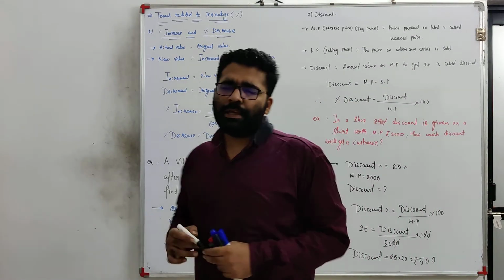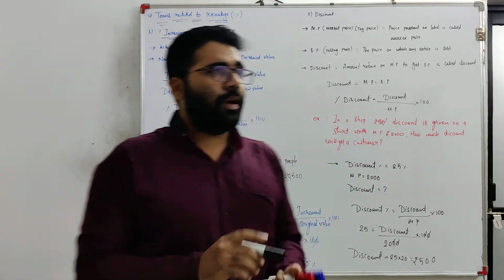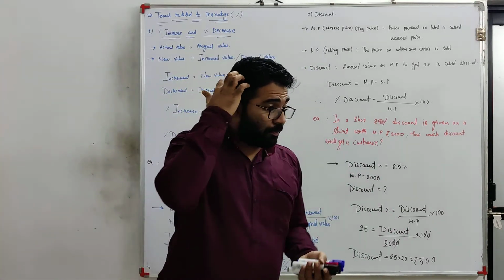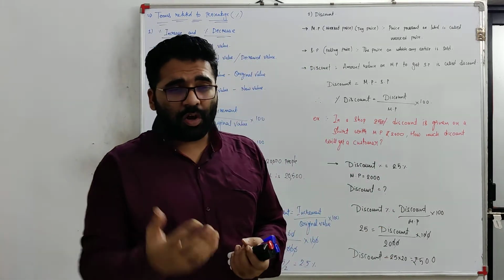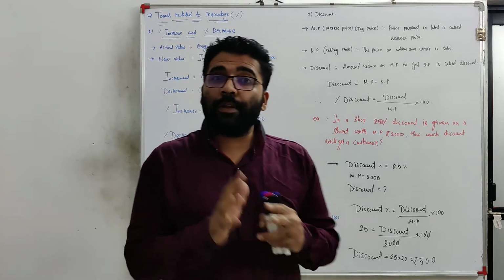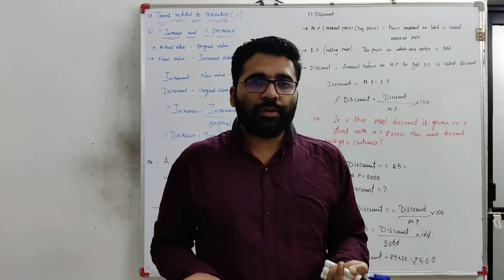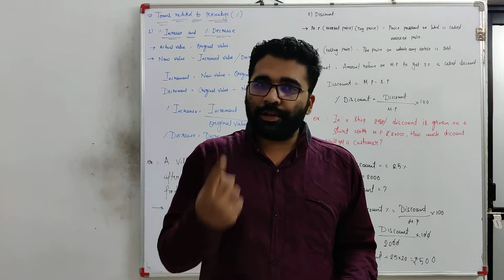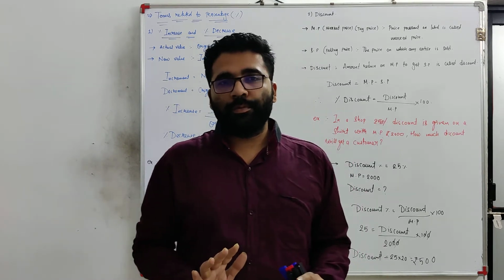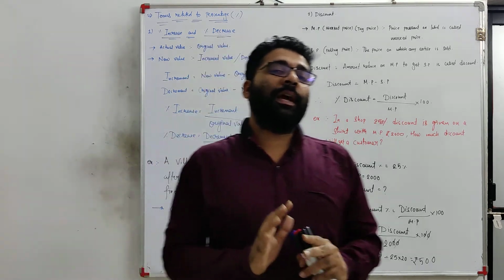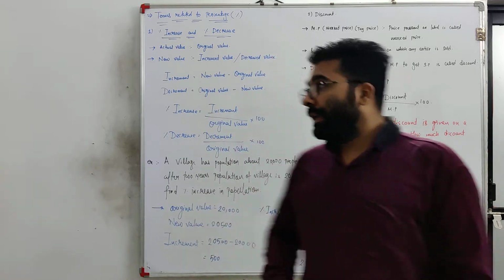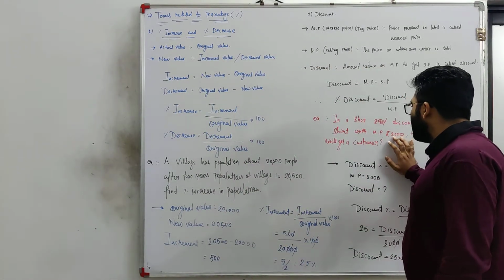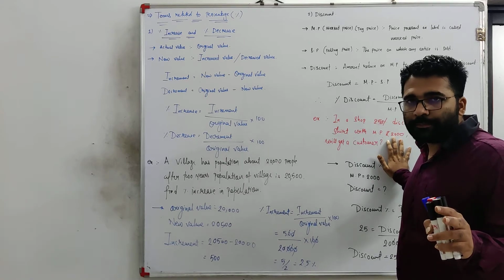Sometimes in some areas, like a mall, shops are labeled as 50 plus 49% discount. So does it mean they are giving the article for only 1%? No. 50 plus 49% discount means they first give a 50% discount on the mark price.